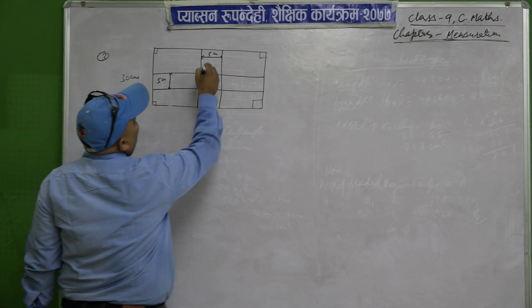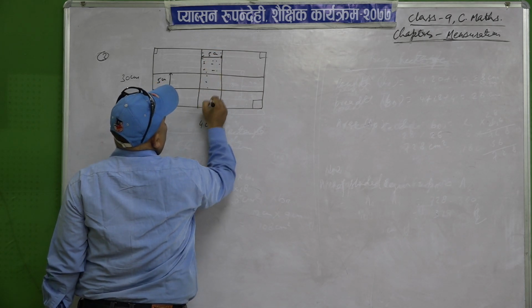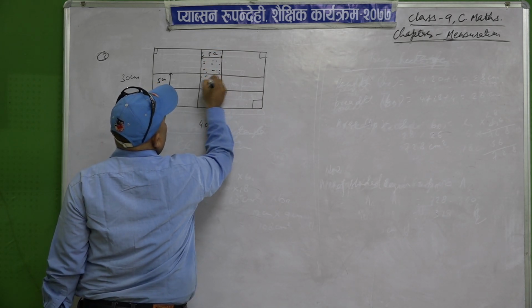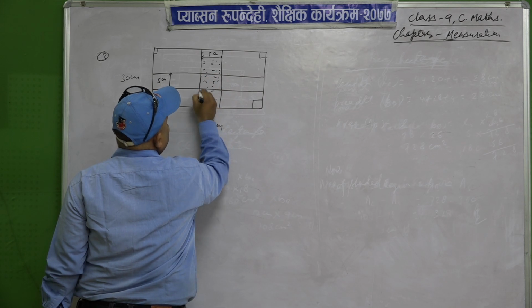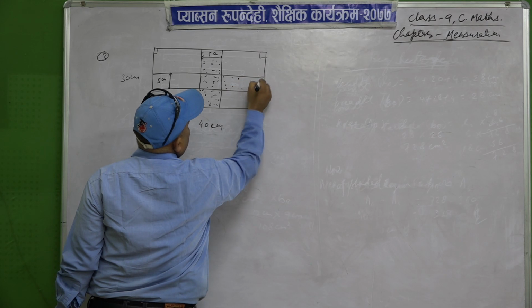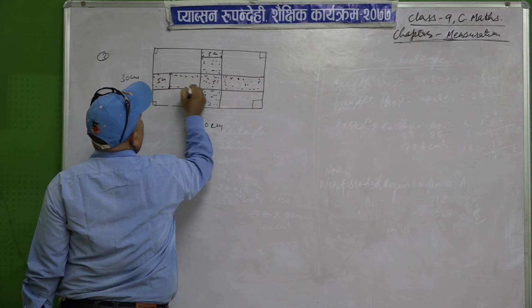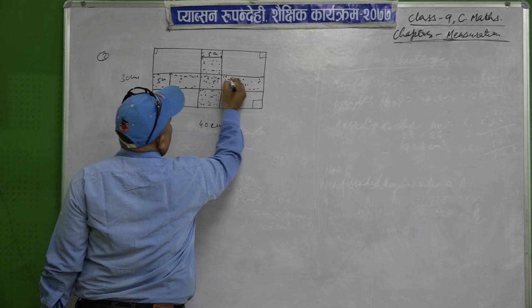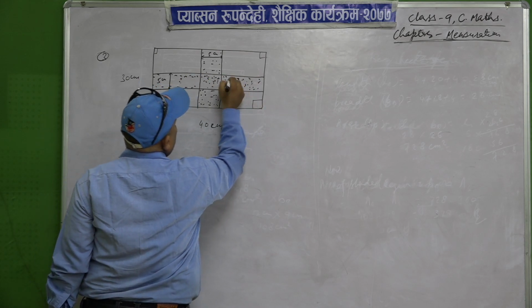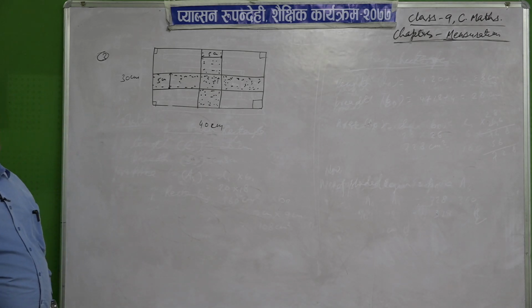And now suppose we have to find out again the area of the shaded region. These are the shaded region. Then how can we find out the area of the shaded region?